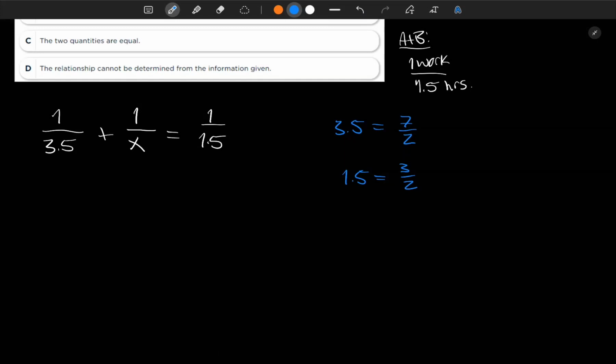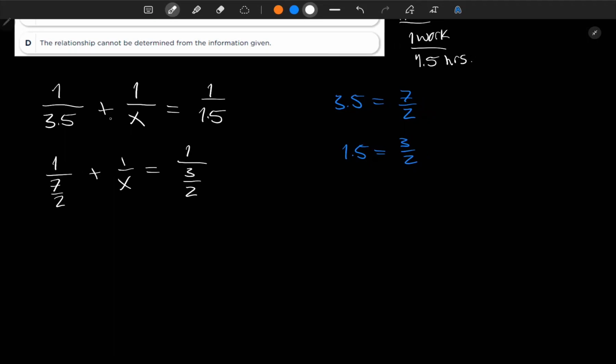Then the fractions on the left here, well, it's 1 over 3.5, but 3.5 is 7 over 2, plus 1 over x is equal to 1 over 1.5. But 1.5 is 3 over 2, so it's 1 over 3 over 2.